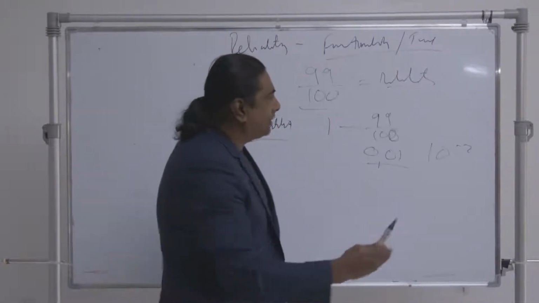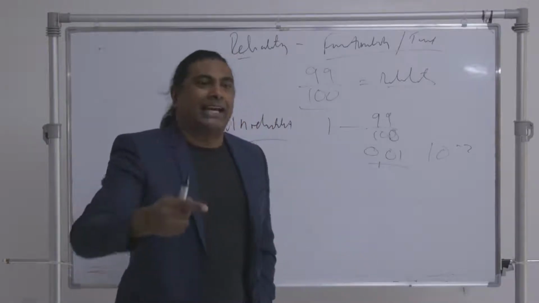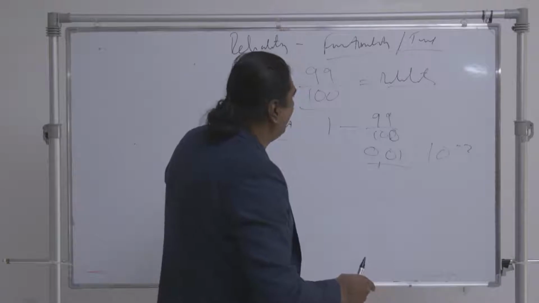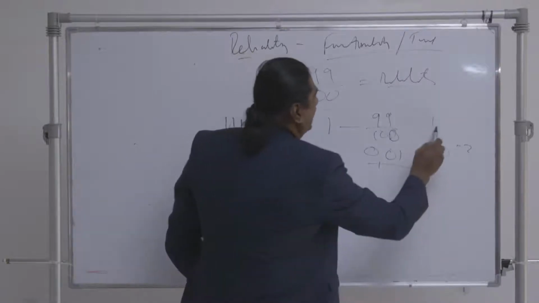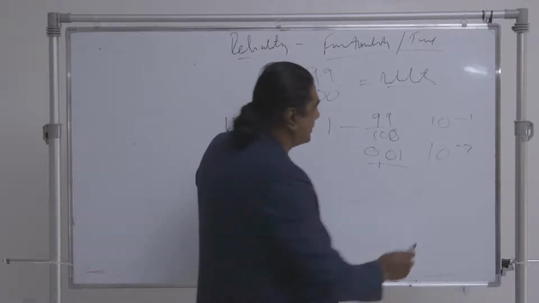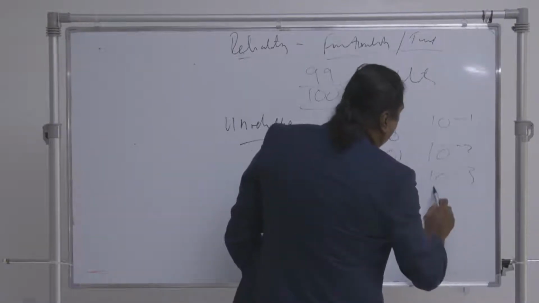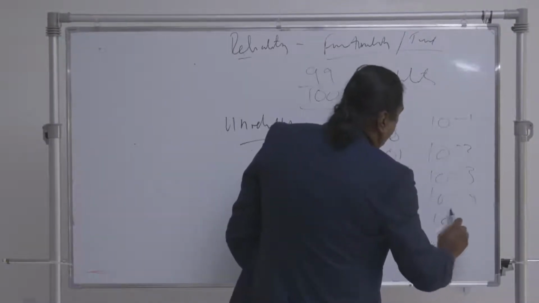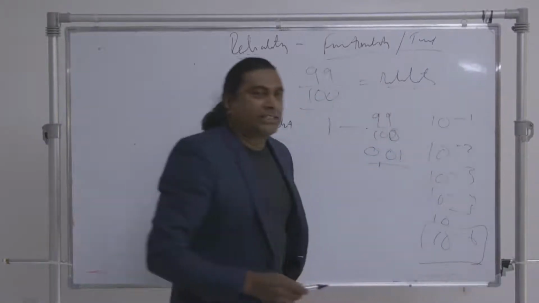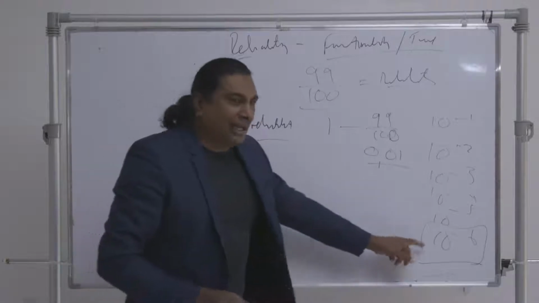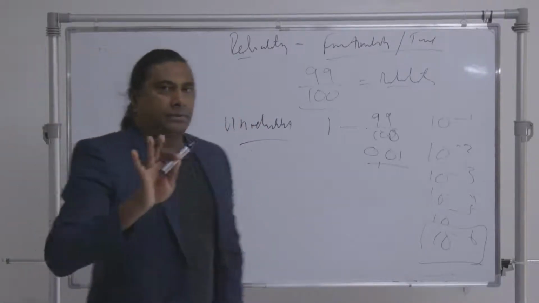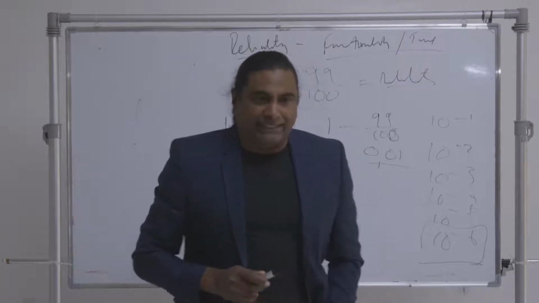So remember, 10 to the minus 2 means we get it wrong once in every 100 attempts. 10 to the minus 1, we get it wrong 1 every 10 times. And 10 to the minus 3, 1,000, 4, 5, and 10 to the minus 6. What is the important one here is 10 to the minus 6. What is the significance of 10 to the minus 6?